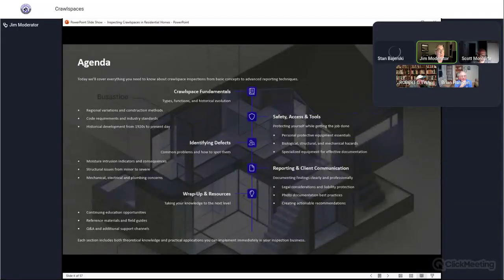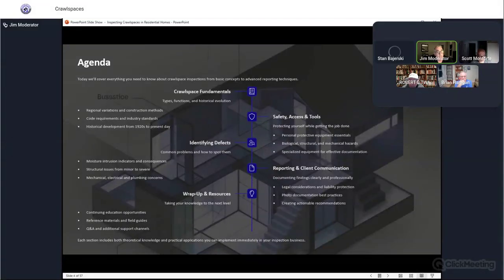Tonight's agenda, you'll see as we go along, we're going to cover crawl space fundamentals, the types, function, and historical evolution, regional variations in construction methods, industry standards, and historical development from the 20s to the present. We're going to go over safety, access, the type of tools you should be using, identifying key defects.